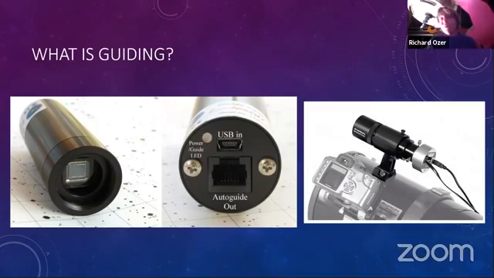It's basically doing what the film astronomer I alluded to at the beginning of this presentation used to spend all night doing with his illuminated reticle. But here you get to let the mount and the guide camera do it by itself, and you can kind of walk away and do something else or chat with your friends while the mount is guiding.